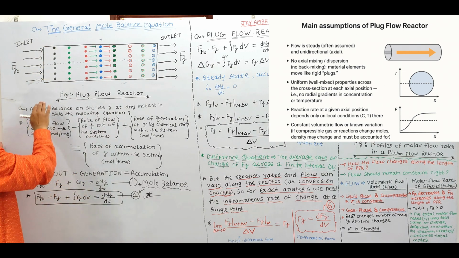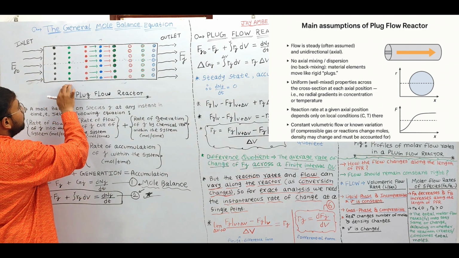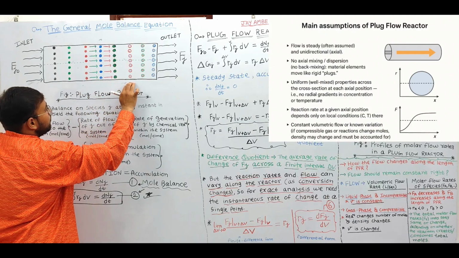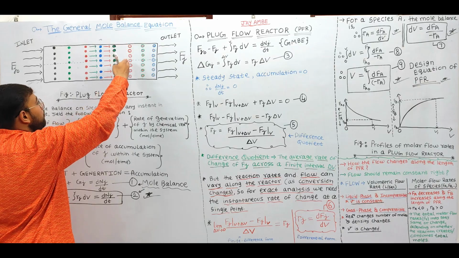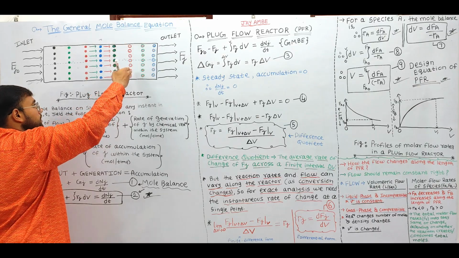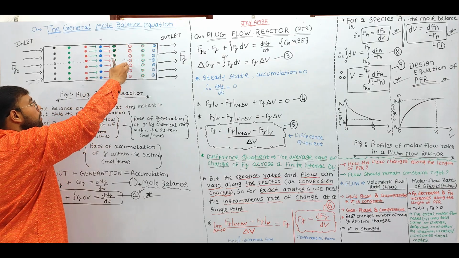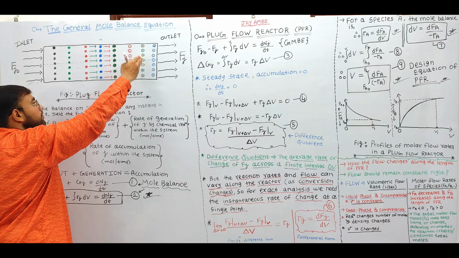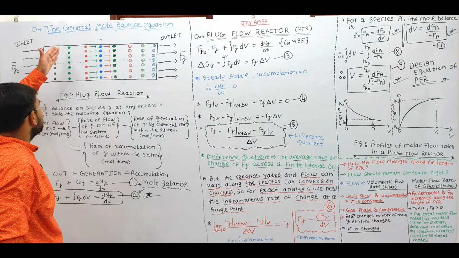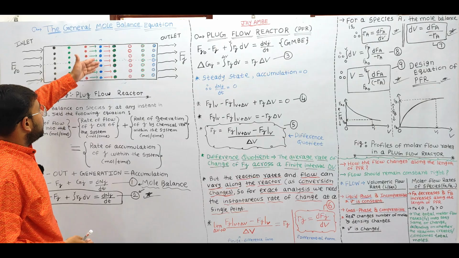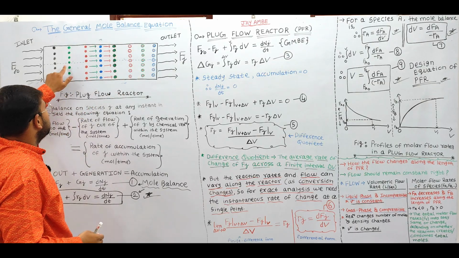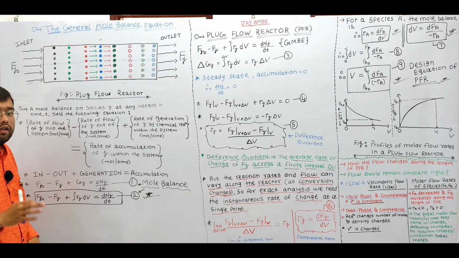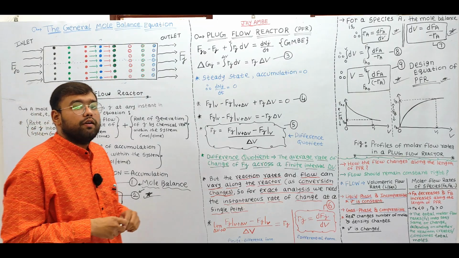Likewise, for each and every axial position with respect to time, we have uniform mixing in the radial direction, due to which we have uniform concentration, temperature and rate of reaction at each axial position. I hope you have understood the second assumption.